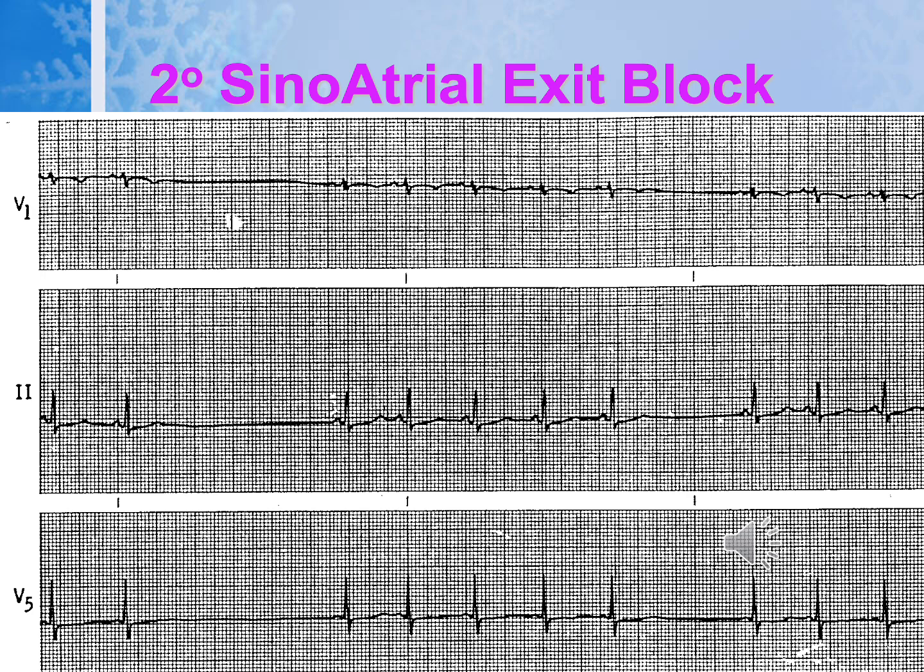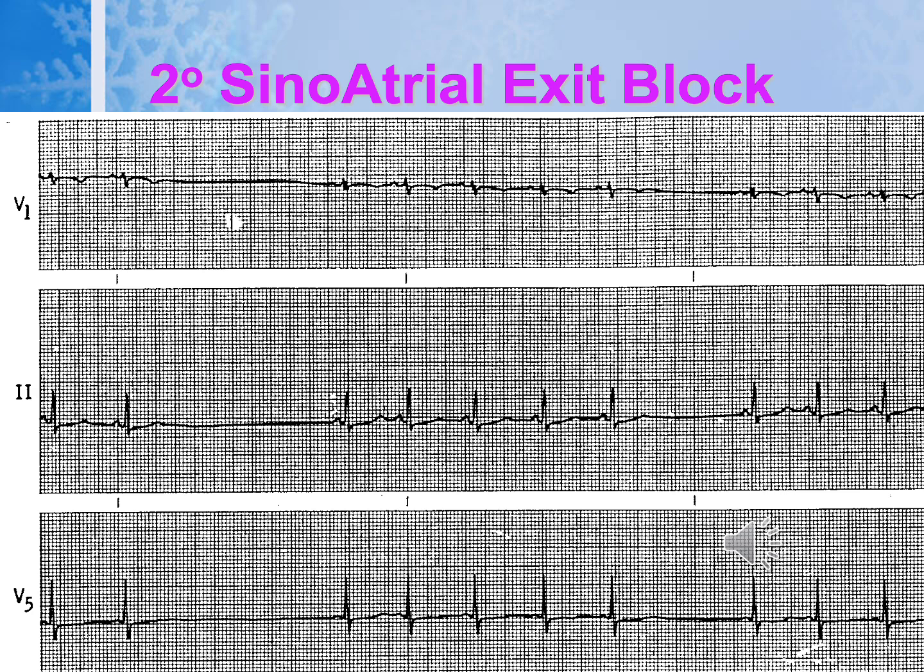This electrocardiogram illustrates a second degree SA exit block. We can identify this by noting that there is absence of P waves, particularly seen in the middle tracing of lead 2. The first pause there shows 2 beats probably are absent, whereas further across to the right, 1 beat appears to be absent.